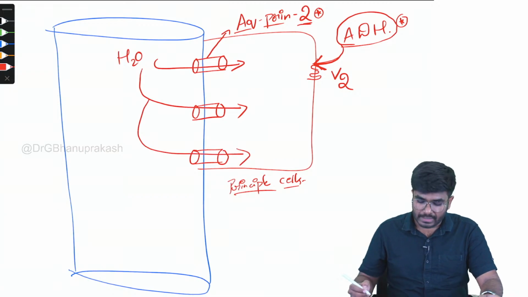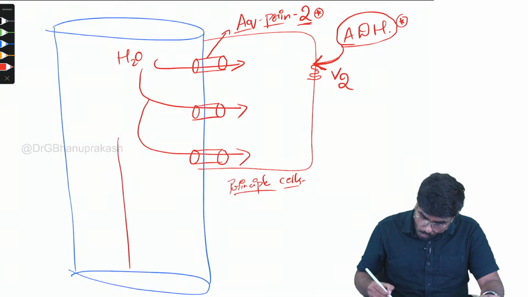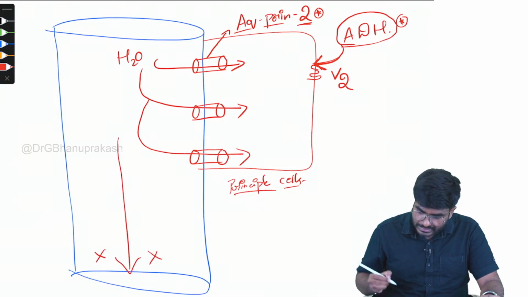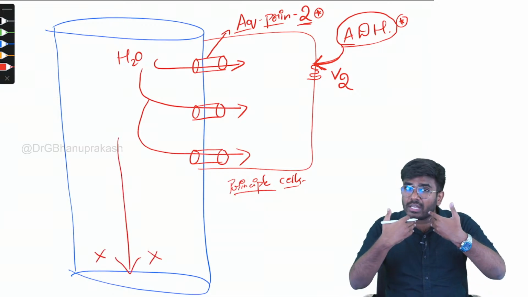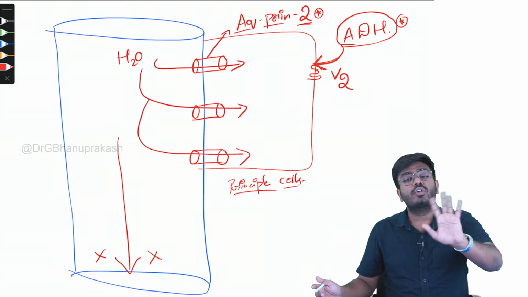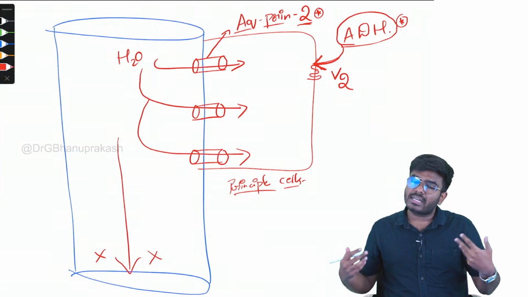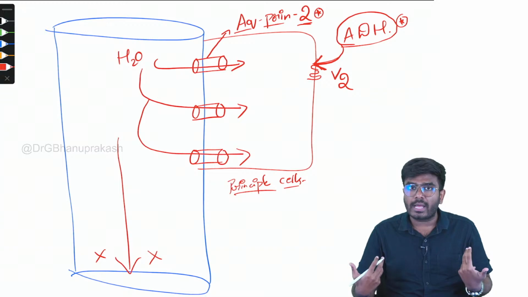So now what's happening? Water is getting reabsorbed back into the body. So water loss is now getting minimal. All the water is getting reabsorbed back. There is no water loss, and that's what we want.